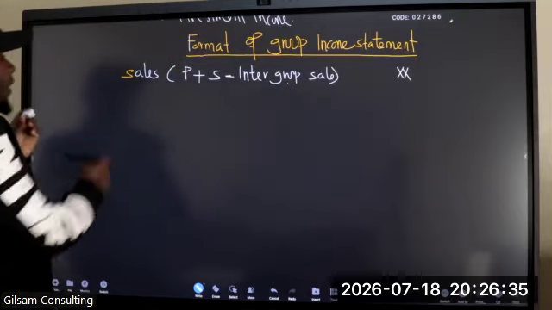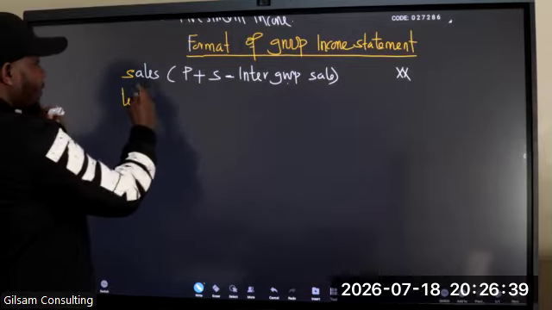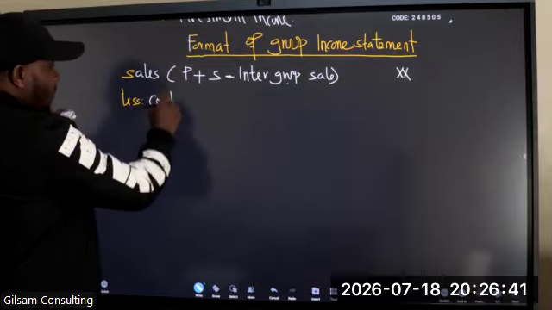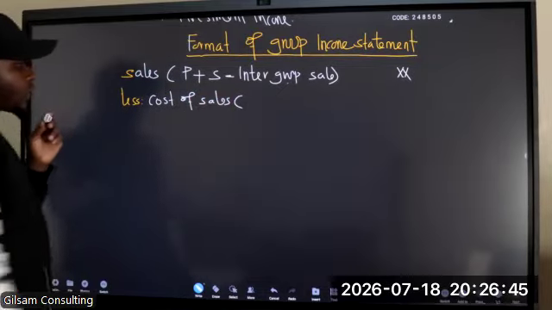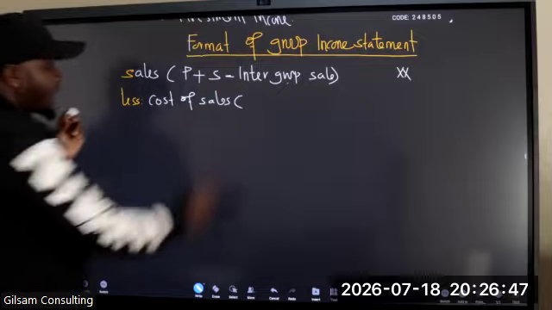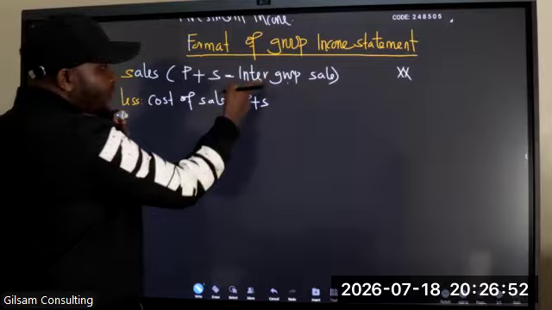And then less the cost of sales. Also for cost of sales, we take the parent plus the subsidiary, minus the intergroup sales.